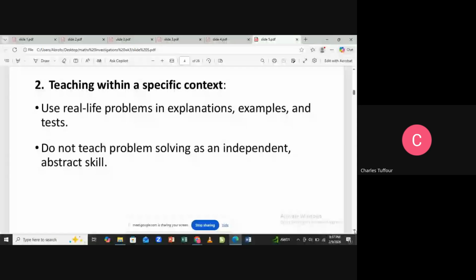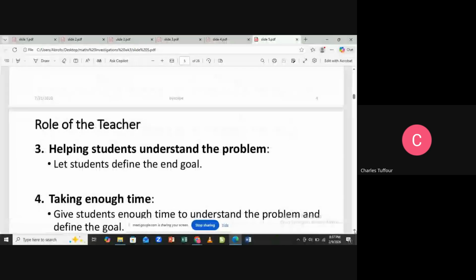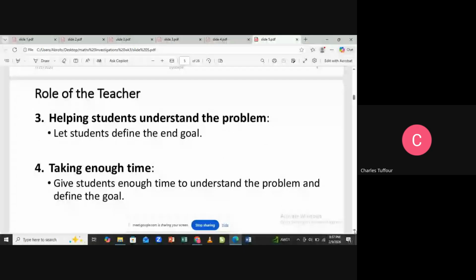Do not teach problem solving as an independent abstract skill. I've already made mention of this. Next, helping students understand the problem. If at a certain point students cannot make progress, help them to understand the problem. Remember the task that I just gave you, I don't want you to struggle and struggle. I gave you the title. The title is what?